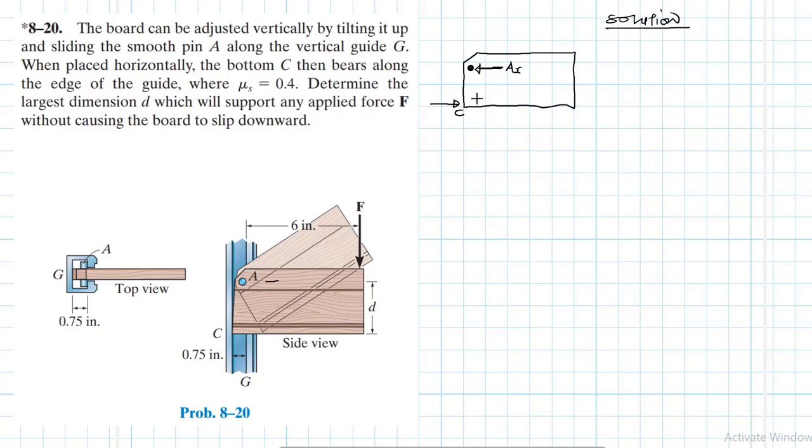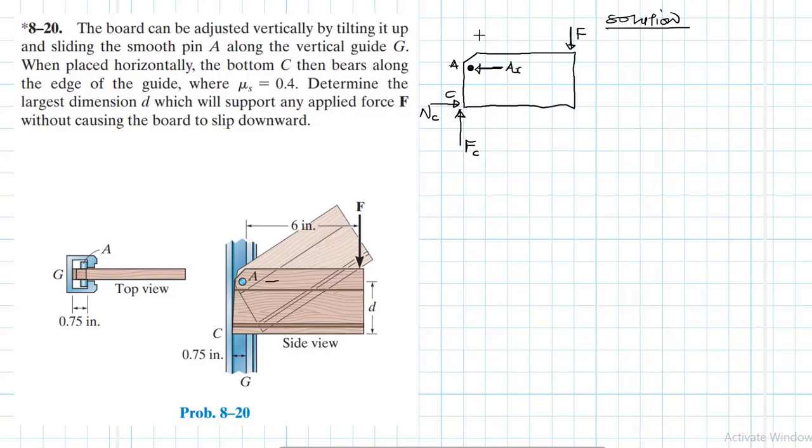This point is C, this point is A. Here we have a normal force NC, and then another force which is resisting this board from moving downwards as we apply the force on top. We call this FC. And then we have this force being applied, which is F.